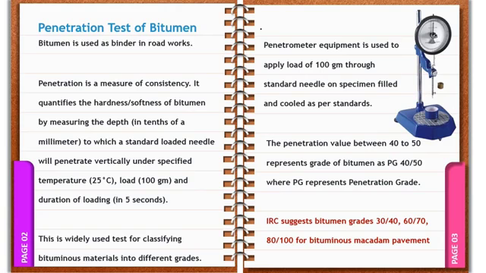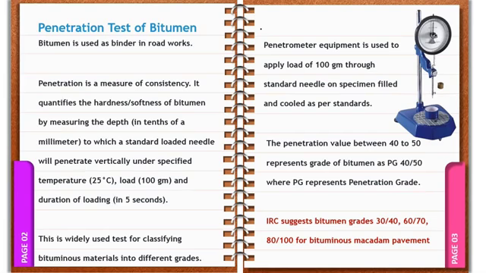Since this penetration value lies in the range of 40 to 50, the given sample will be assumed to have a penetration grade of 40/50. Indian Road Congress suggests bitumen grades as 30/40, 60/70, 80/100 for bituminous macadam pavement construction.